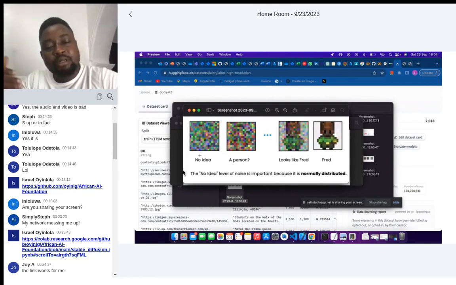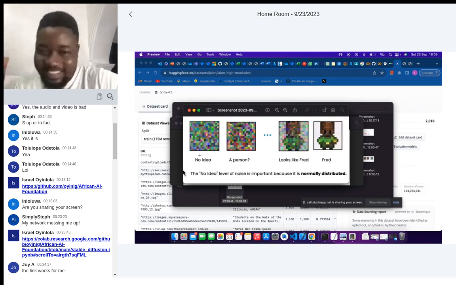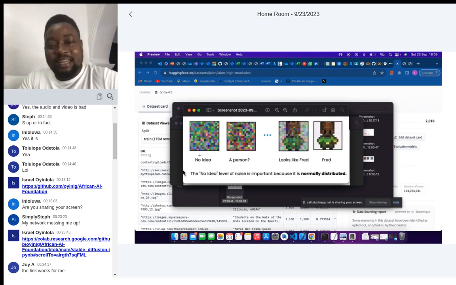For example, if the data set has avocado and chair, you can ask it to produce an avocado looking chair, because chair was reduced to a number during the training process, and avocado was as well.